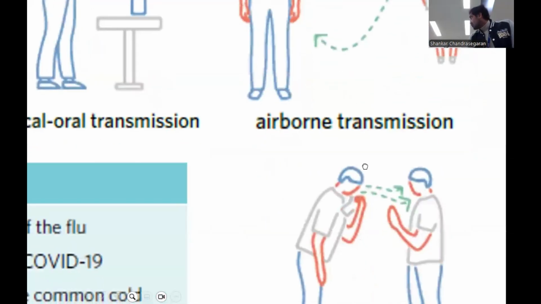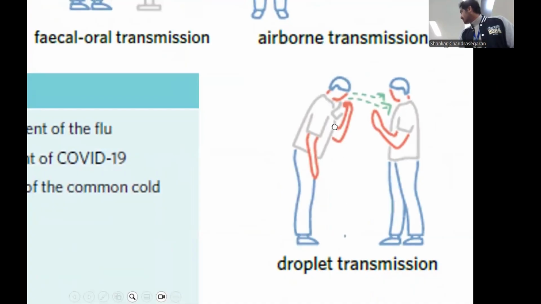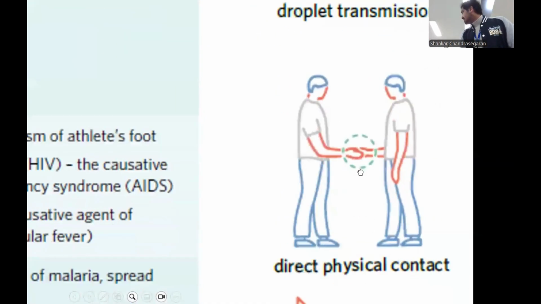Next is your droplet transmission. This is basically when someone coughs or sneezes. Those are the most common ones. That can lead to the pathogen being spread from one person to the next. And this is the one that you guys probably have a lot of experience with.